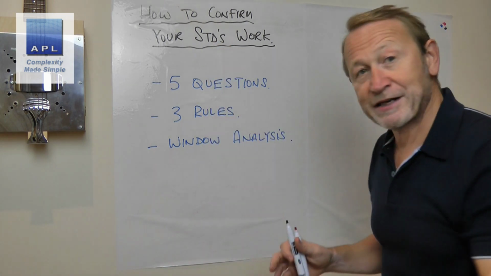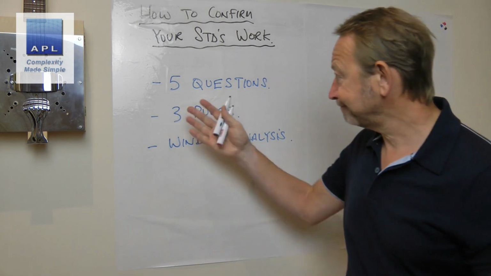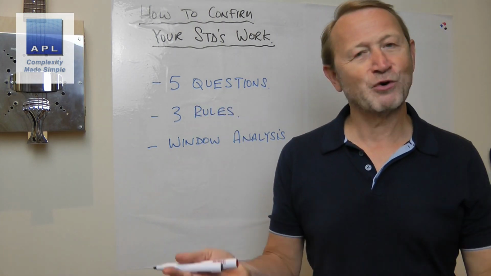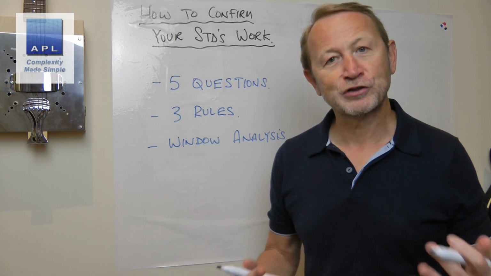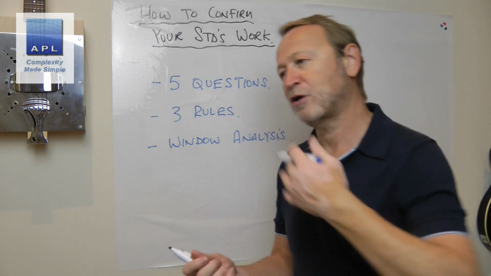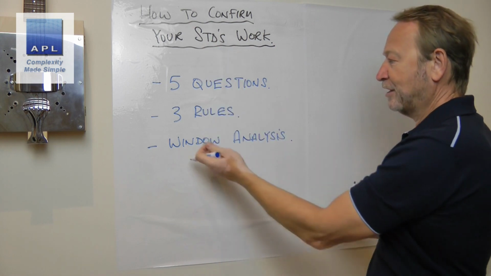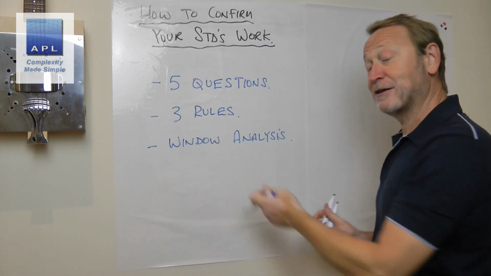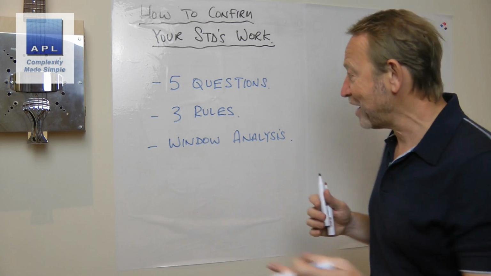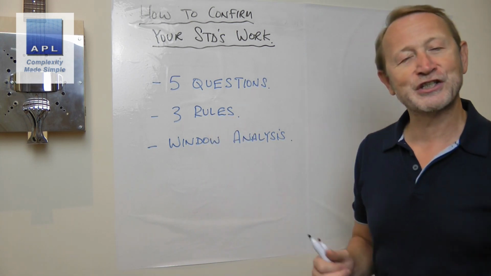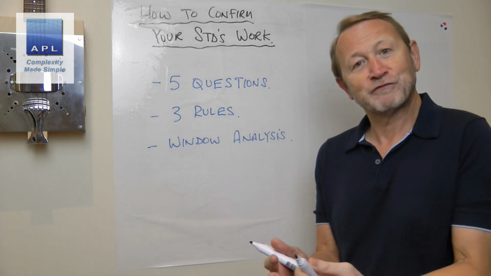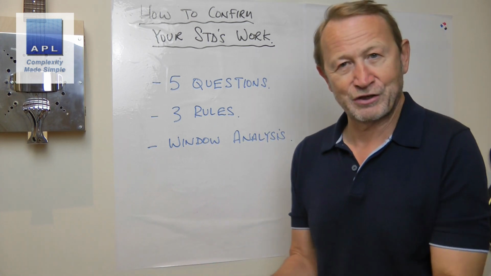And I think this is a great example of how you pick your weapon of choice. What do you feel comfortable with? What works for you? What can you teach to other people? I quite like window analysis, but do I use it? I tend not to, because I use these 3 rules and I've become comfortable with that, and my clients like to use that.